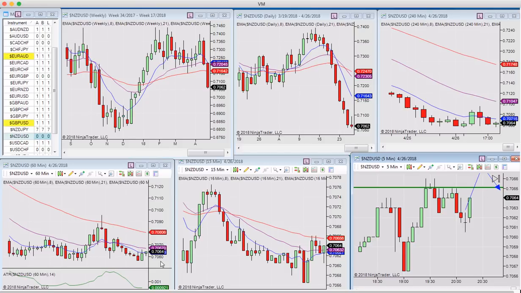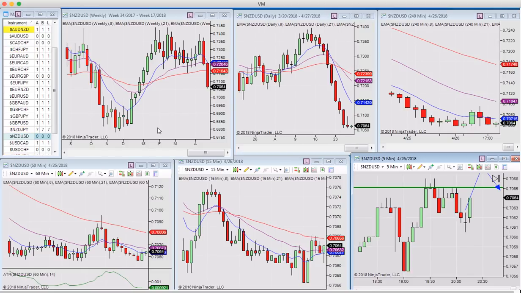Now, there's some critical things to note, which I hope the scan process has brought up. And some days you'll have hardly any setups. Some days it's famine. Some days it's a banquet. And today it's a banquet. We have setups across the board. We could have taken 10 different trades today between the 240-minute mechanical setups and the 5-minute discretionary setups.